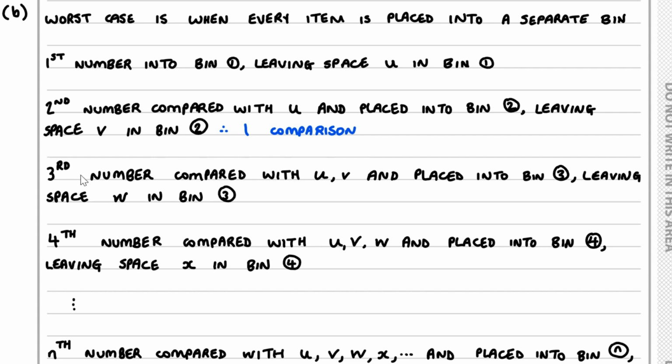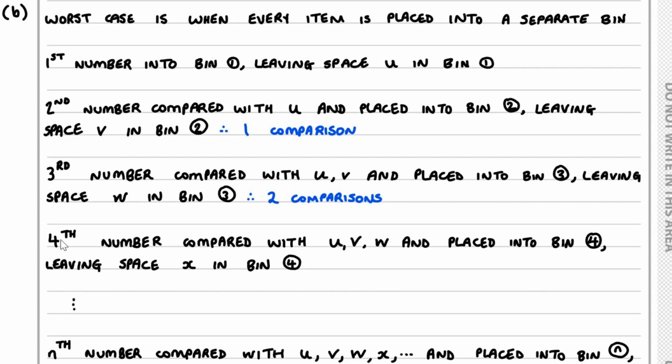If we consider the third number, it is compared with the amount of space left in bin number 1 and bin number 2. So therefore here, we've got two comparisons.